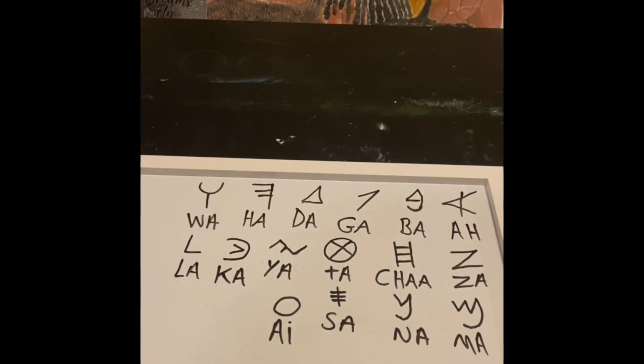So with the character Na, which means seed, fish, activity, or life, and the character I, which means I, to see or experience, you could literally say experience life.